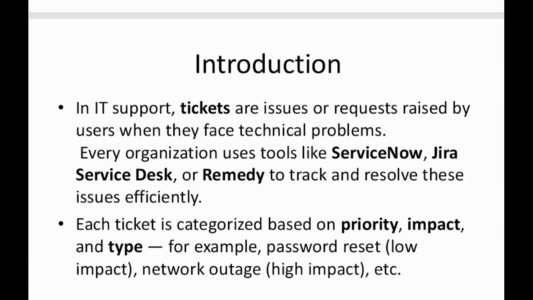So there are different types of categories, and according to that, you can take action. A network outage is a high impact issue, so you can raise a P1 ticket for a network outage, etc. In this way, many tickets come into our queue and our assignment group, and according to the type you can check which tickets are low priority and which are high priority.